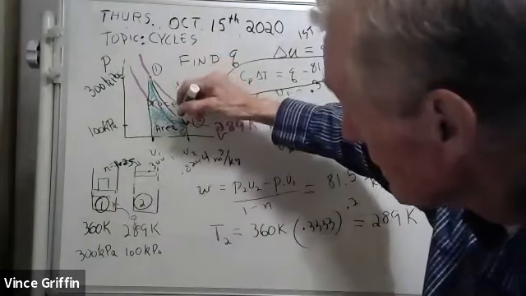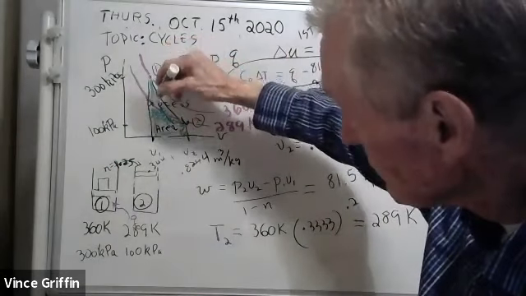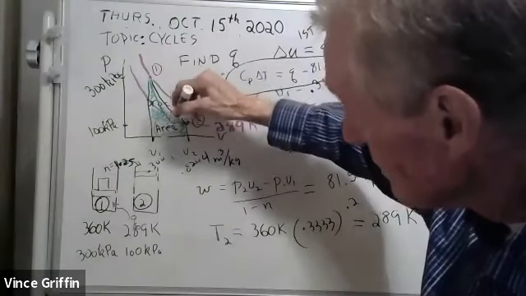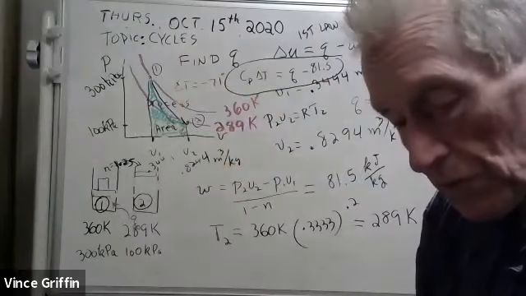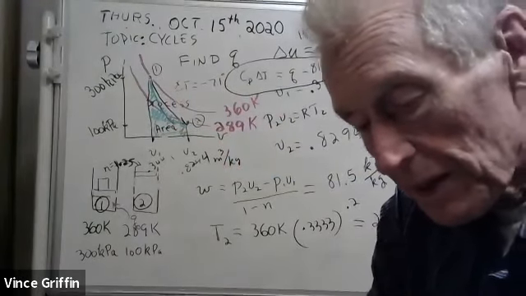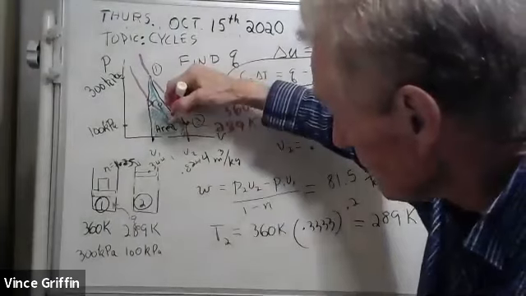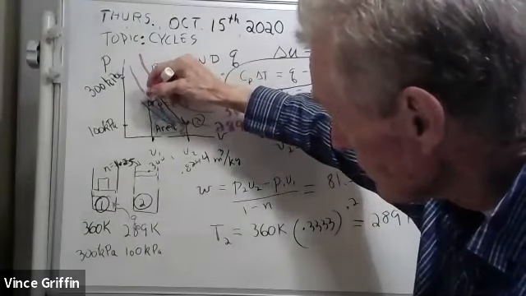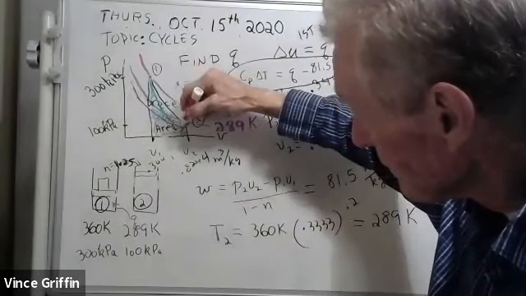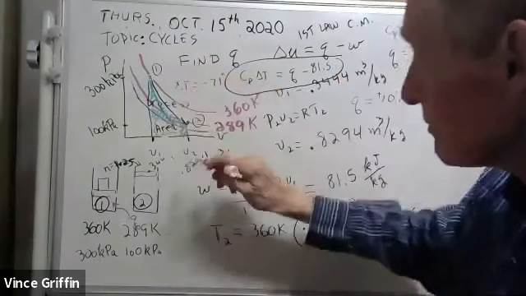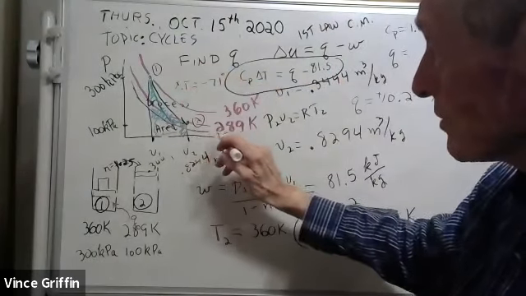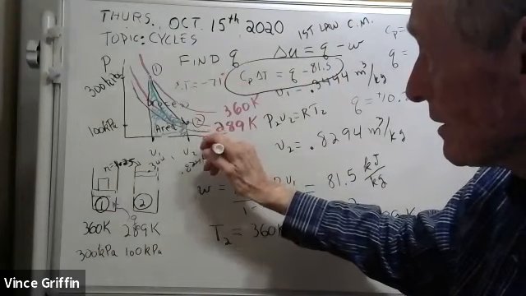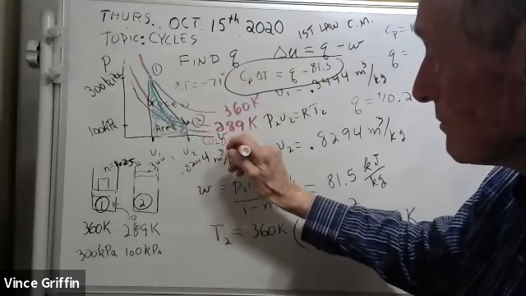Yeah, pretty much. See, we went from 300 to 100 kilopascals, but it's going to be colder. It's going to be colder because, see, this isotherm here is colder. It's colder than 289.